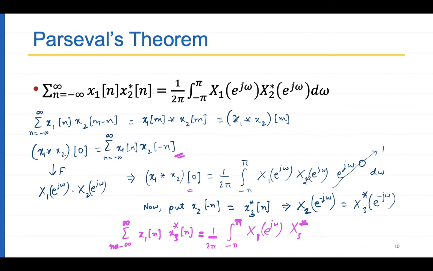Here it is X2 of e to the power j omega, and this minus sign can be absorbed: if you take minus omega, I get X3 star of e to the power j omega. That's what I had to prove in the first place. This is Parseval's theorem.